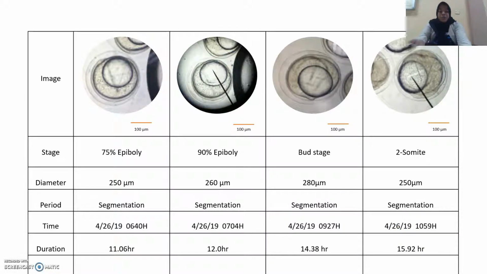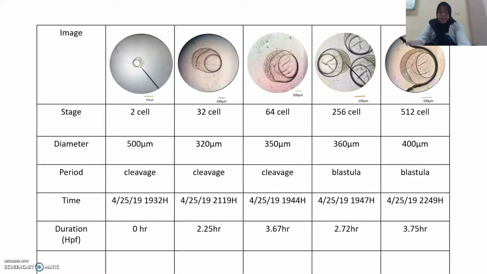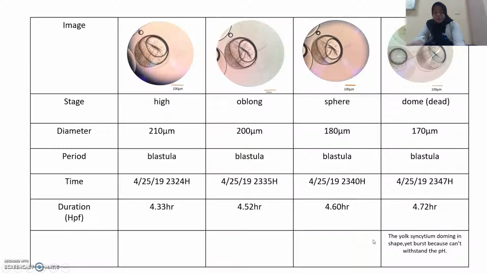And we proceed to treatment C, where we are using a concentration of 0.4% sodium bicarbonate. As you can see from the result, the egg starts to develop at the 2 cells on the cleavage period and proceeds until the dome stage, where the egg died at 4.72 hours of HPF.